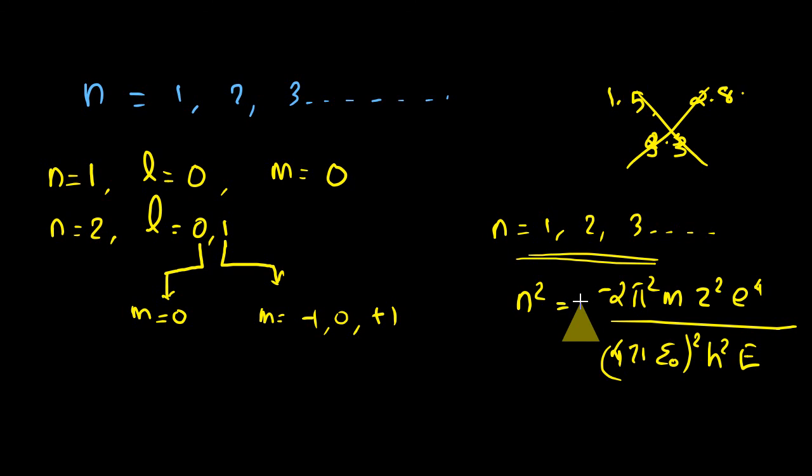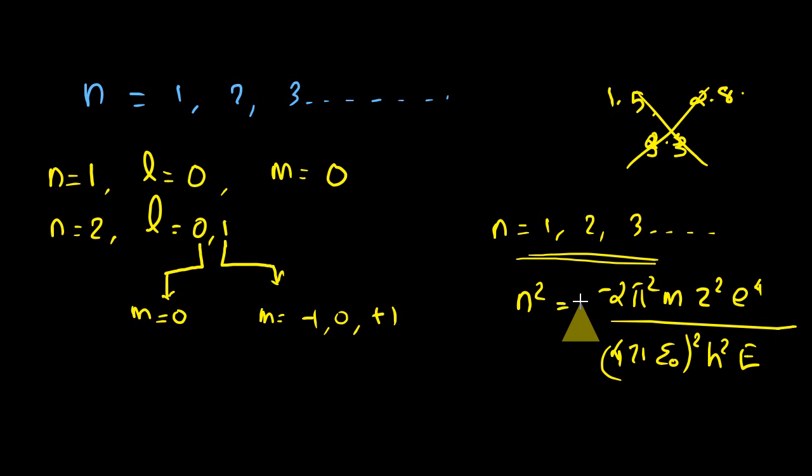Perhaps now you may be very happy that in your previous classes, up to your final year BSc classes, you learned these quantum numbers n, l, and m when you learned the atomic structure. At that time you just memorized, learned by heart that this is a quantum number and it can have only certain restricted values.